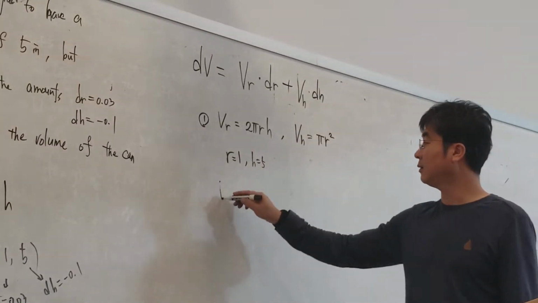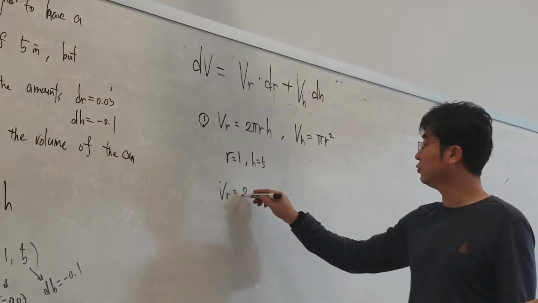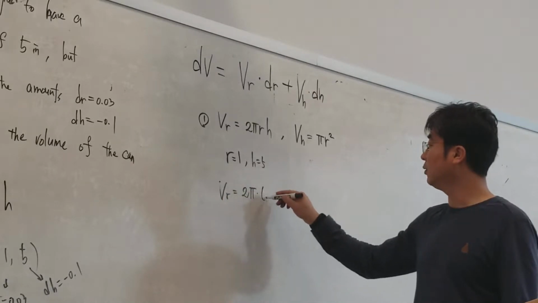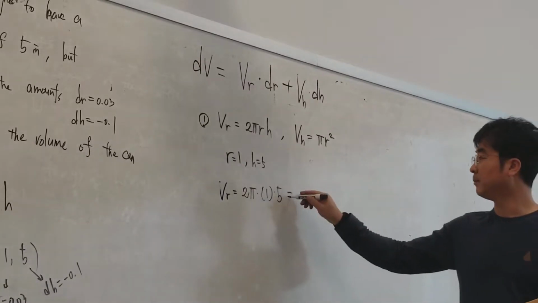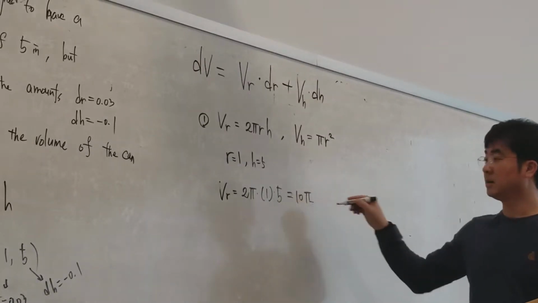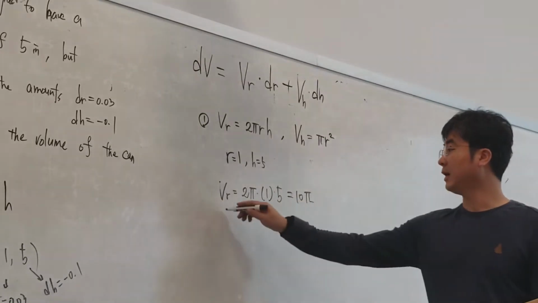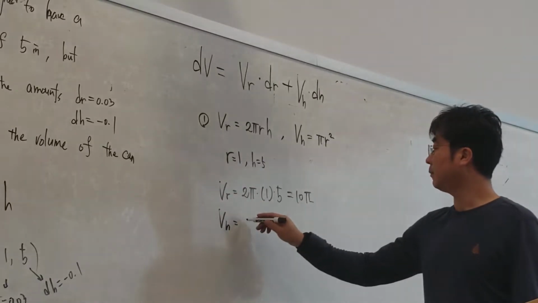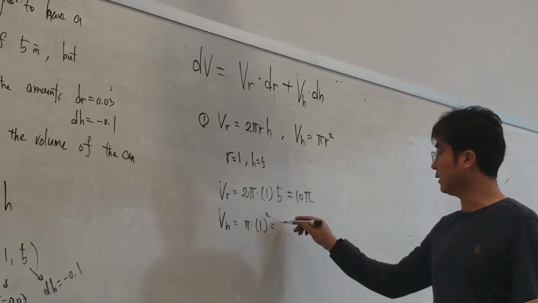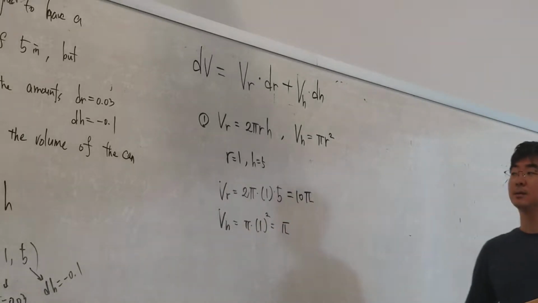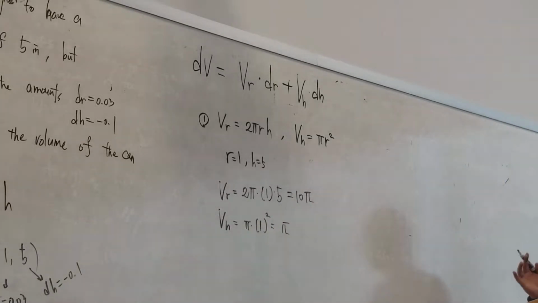So V_R in this case will be 2 times pi times 1 times 5. Good? It will be 10 pi. And V_H will be pi times R squared, 1 squared, again same pi. That makes sense?